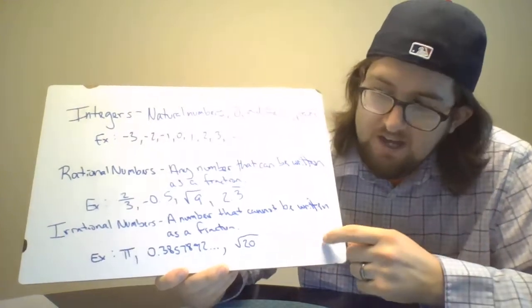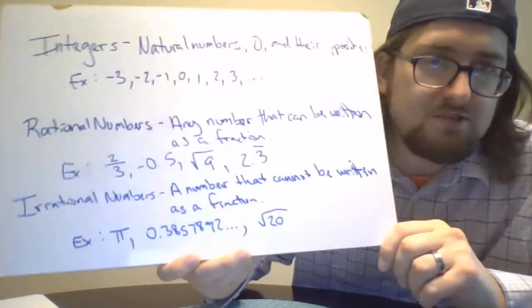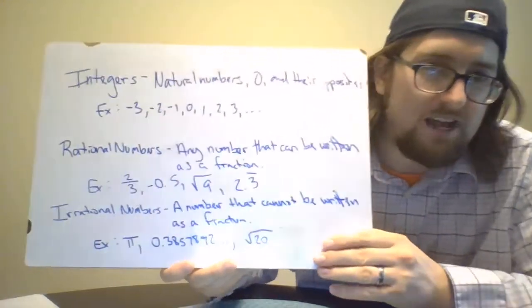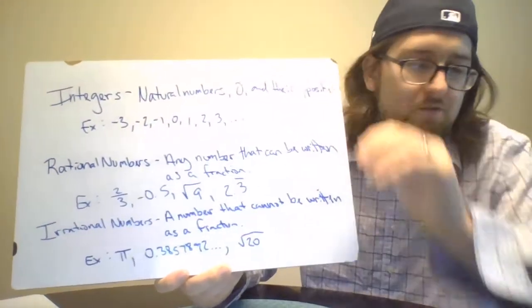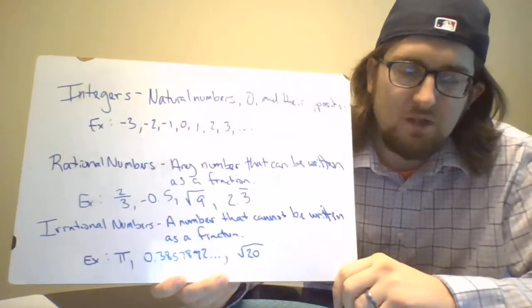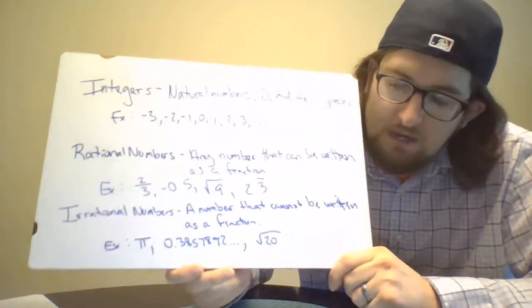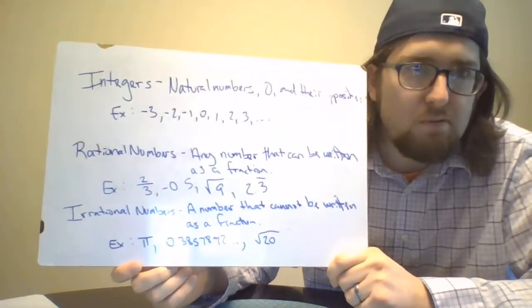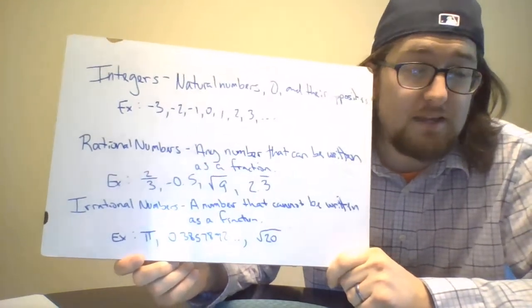Okay? Irrational is a thing all to its own. Irrational numbers are numbers that cannot be written as a fraction. So they do not belong with the other four systems we've learned about. Irrational numbers, for example, are pi, 3.1415, which goes forever but does not repeat.